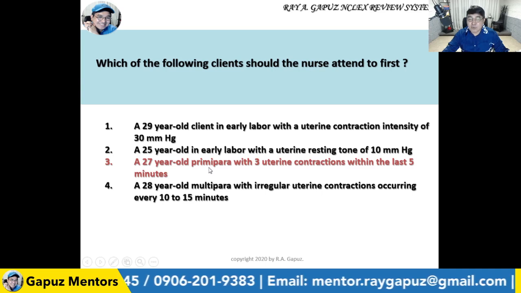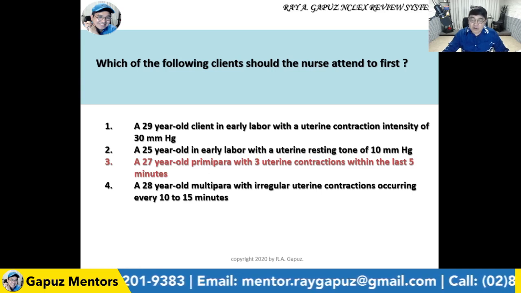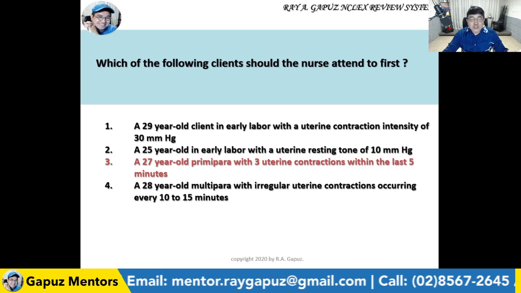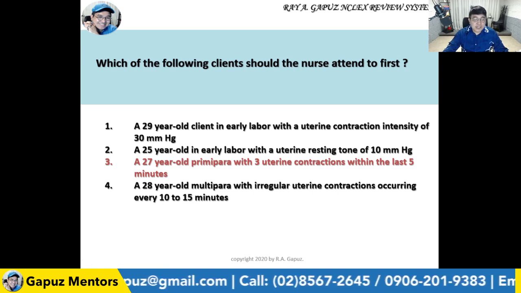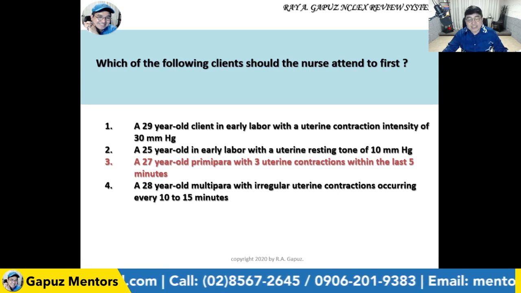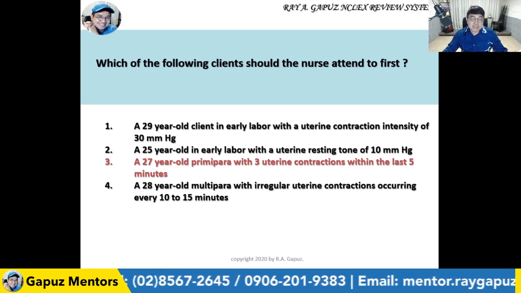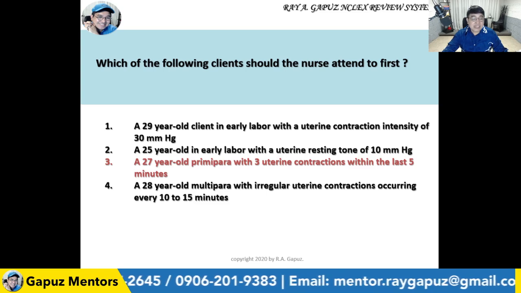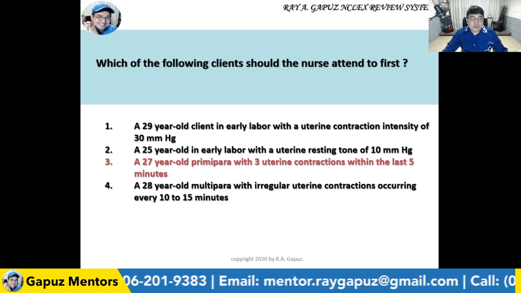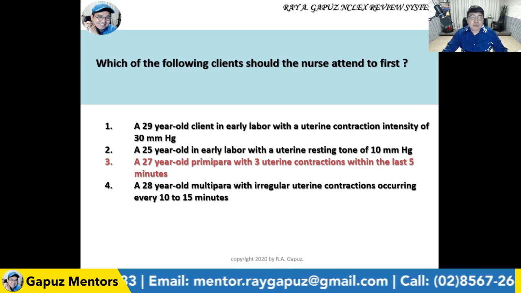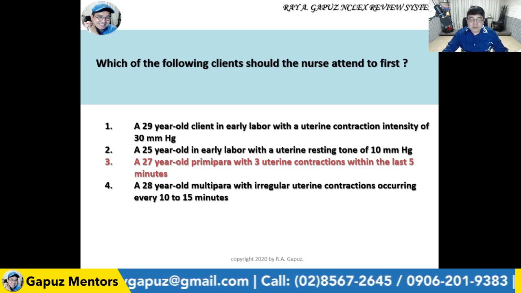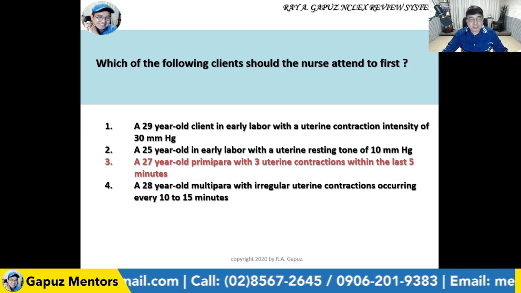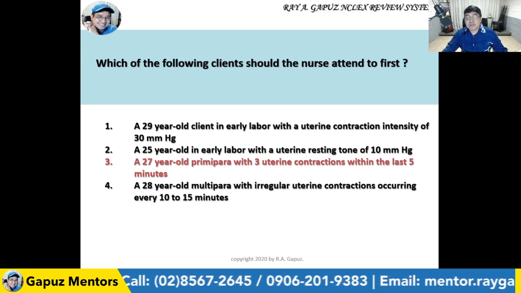I'll tell you why. The normal duration of uterine contraction could range from 30 to 90 seconds depending on the stage of labor. In the latent stage, it could be 30 to 45 seconds, and the frequency could be every 5 minutes. In the active phase of labor, the duration is between 45 to 60 seconds, and it occurs every 3 to 5 minutes.